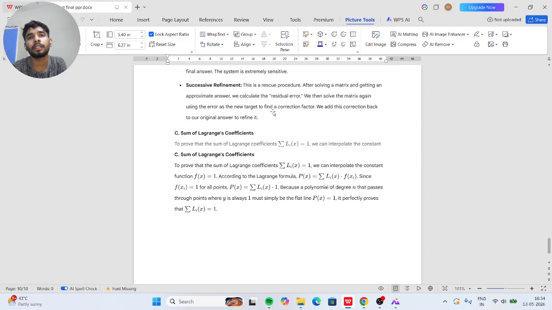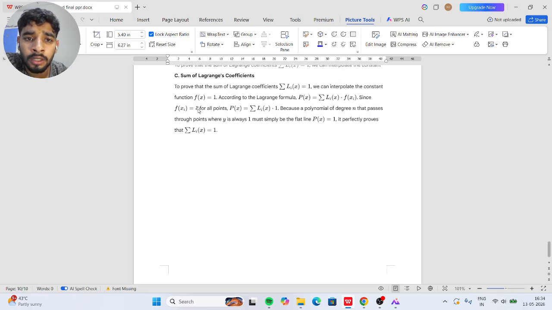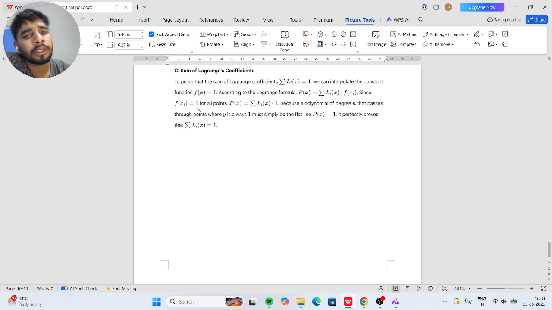Also, you will remember in Euler's method, there is also a correction formula which comes in the Euler modified method. Okay. Now, the third part of the question and the last part of our exam paper: prove that the sum of Lagrange's coefficients is equal to unity. To prove that the summation of Li(x) equals 1, we can interpolate the constant function f(x) equals 1 according to the Lagrange formula, which is P(x) equals summation Li(x) times f(xi).